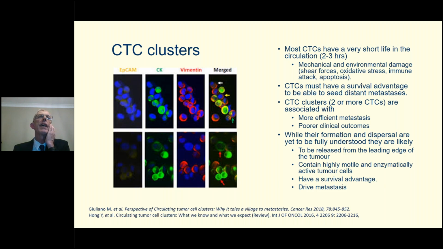And here we can see on the left-hand side of the slide what we mean by clusters. So we've got a number of cells here, some of which are displaying our EpCAM epithelial marker. Others are displaying the cytokeratin marker. These cells might also be displaying epithelial to mesenchymal transition because they are expressing the vimentin mesenchymal marker.